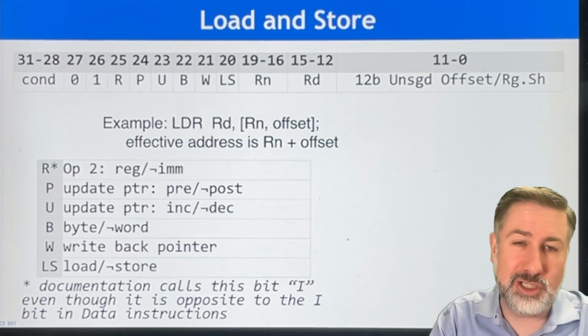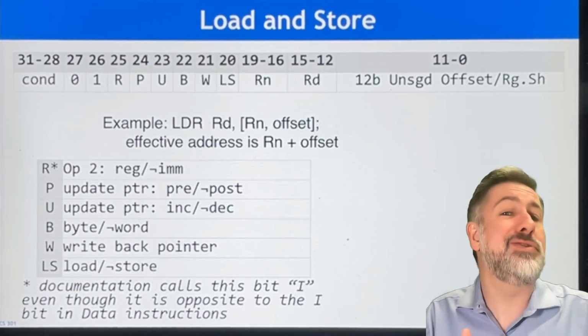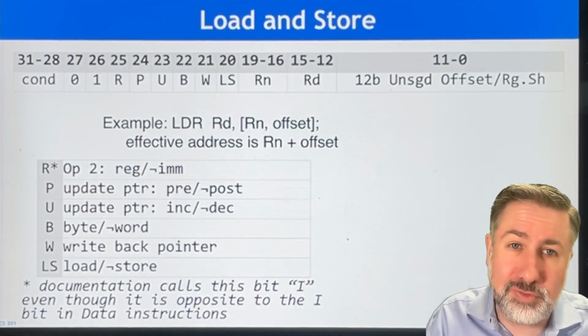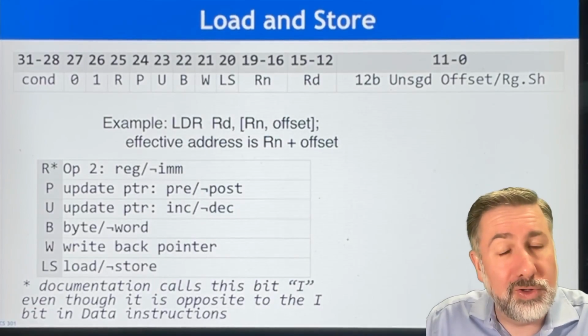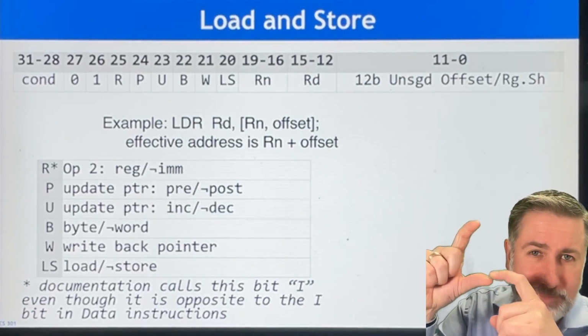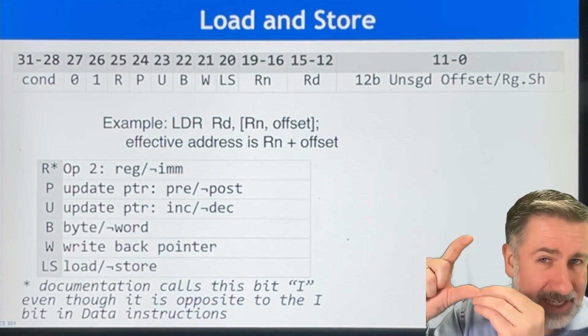And the second thing that you do is update where you're pointing to next. And you might do that before or after you do the access, right? Depending on how you construct your code, you might say, the first thing I'm going to do is update the pointer. And now I'm pointing at this element in memory. And then I'm going to access it, right?